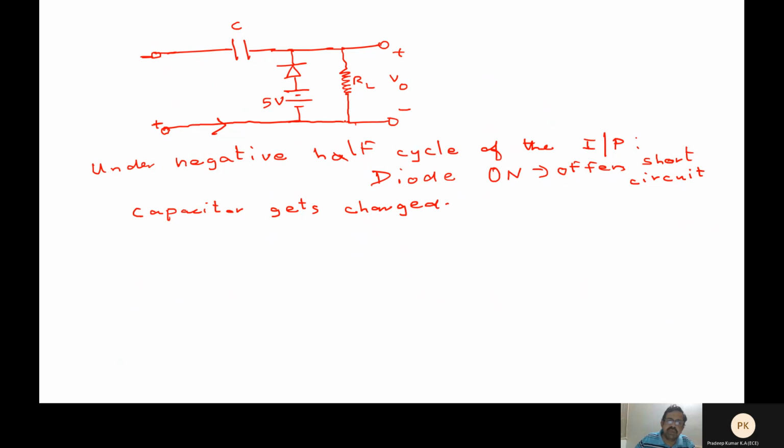Now our aim is to find first what is the charging voltage of this capacitor, and also what is the output. Now the output is more important. First let us look at the output value V0. Now once this is shorted, the equivalent circuit is simply in this manner.